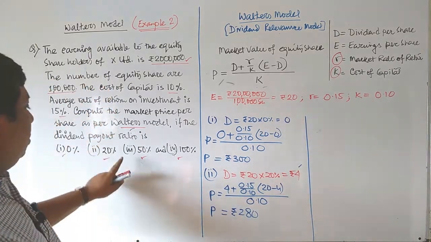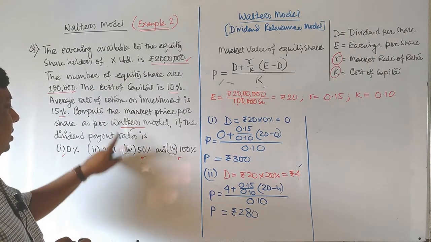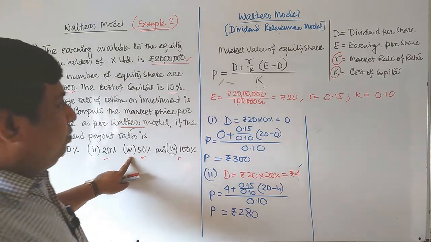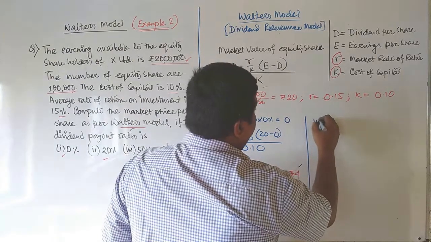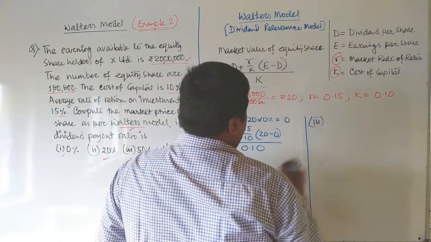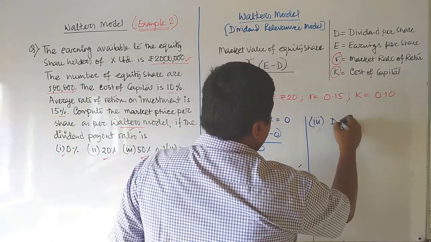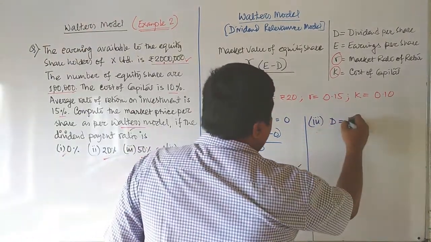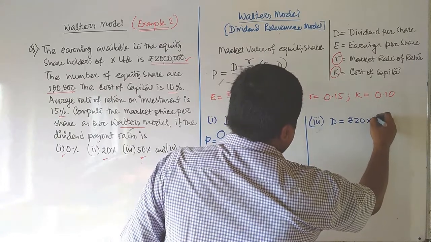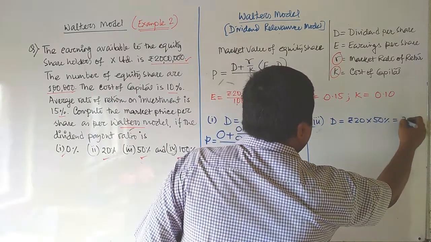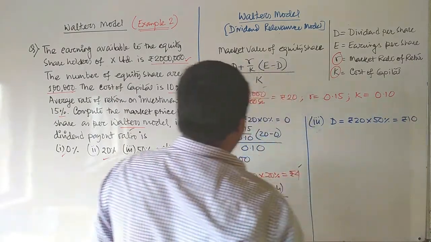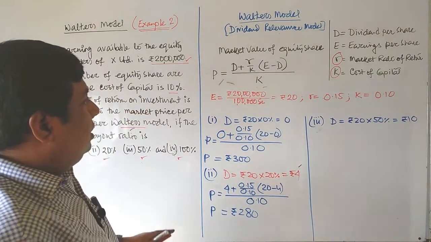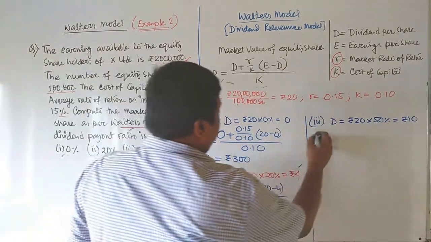Let's solve the third option, where it is mentioned the company should pay dividend of 50%. Option 3. Here D equals 50% of rupees 20, that is earnings per share, which is rupees 10. Then again the other things remain the same.